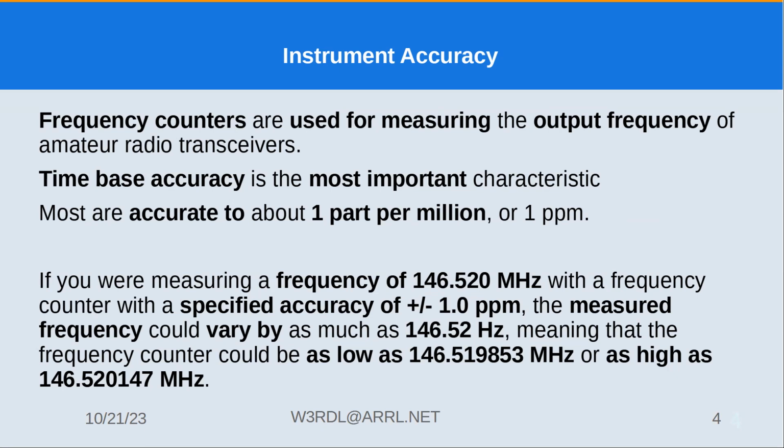So I guess it isn't all that accurate at 1 part per million. If you're measuring a 20-meter signal at 14 megahertz, it means it's off by plus or minus 14 hertz, right? That's more than tuning effect on single sideband.